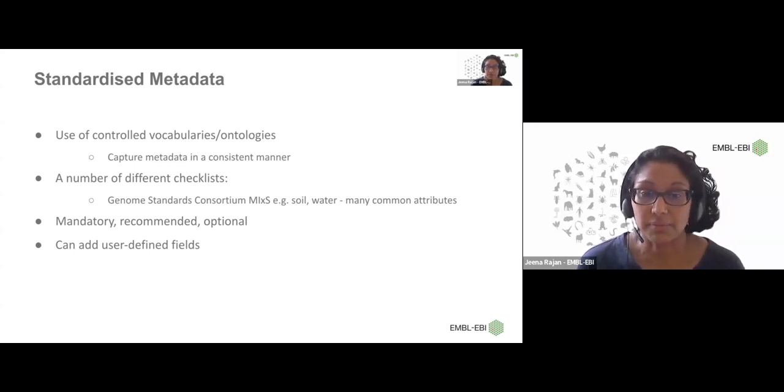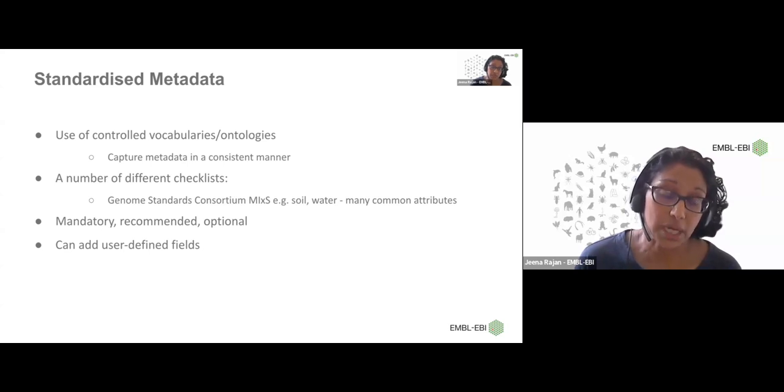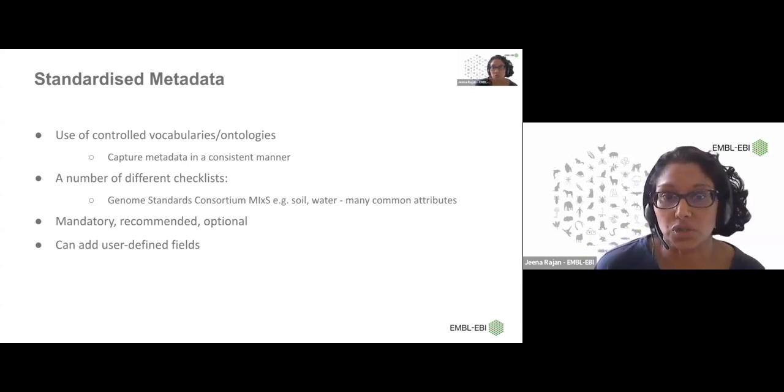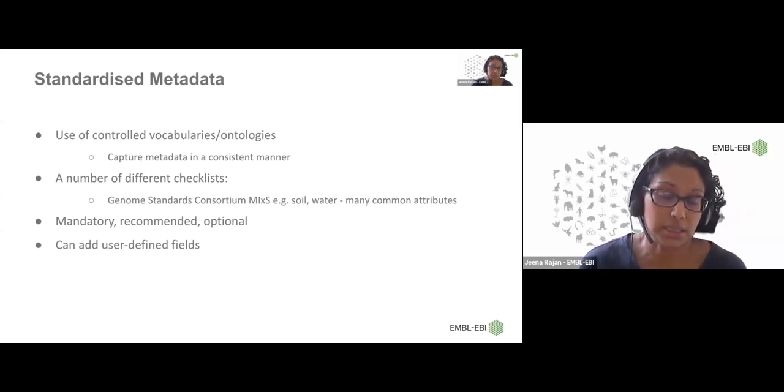These are around various different domains, such as soil, water, plant. And these GSC MIXS checklists have many common attributes, but they also have specific attributes related to the domain. So for soil and water, there will be different attributes as well. There are also other checklists, but the Genome Standards Consortium makes up the most checklists that we have.